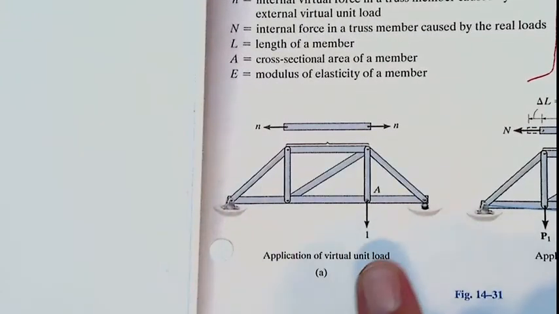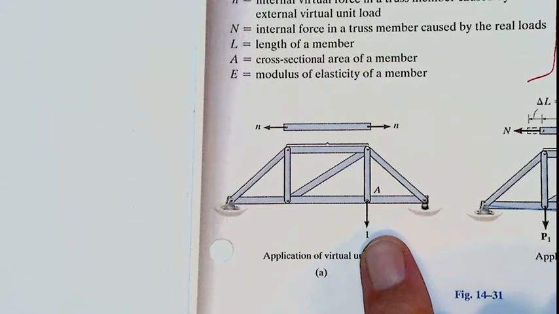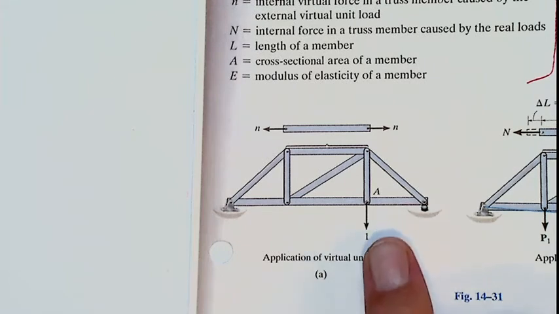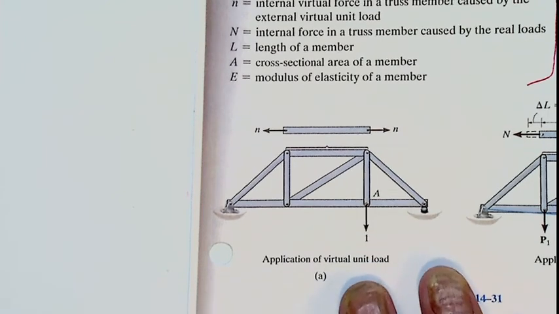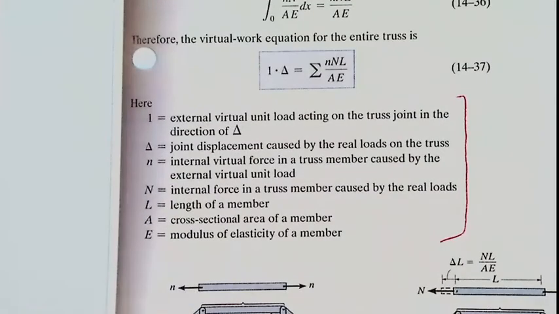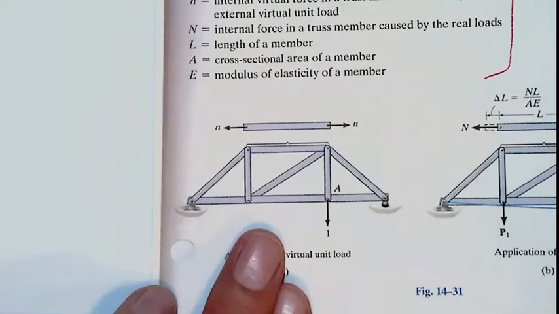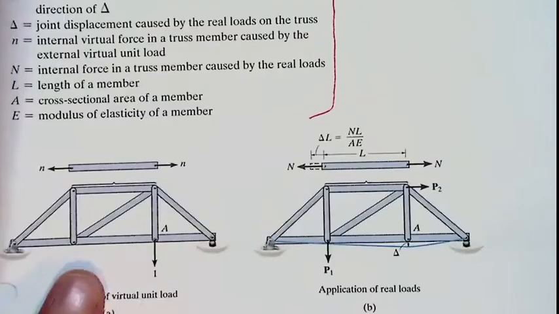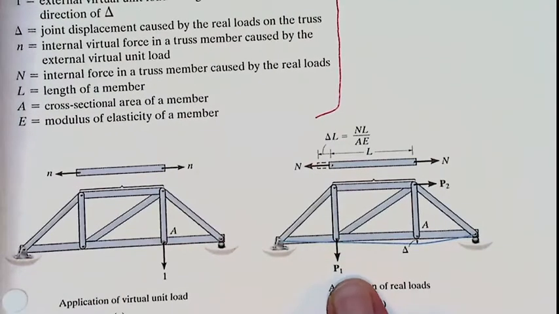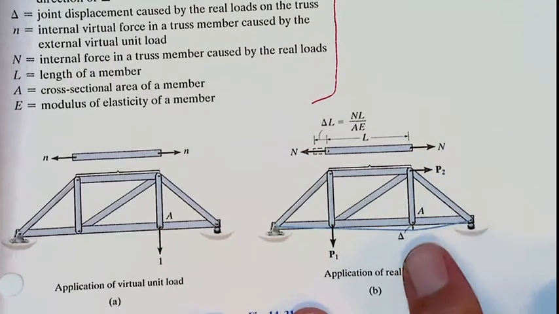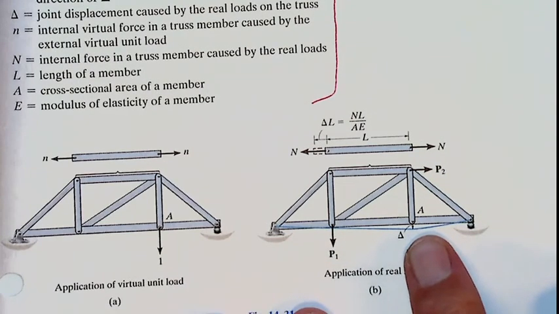Okay, so we applied this force 1. Okay, let us read the problem first. So that is a truss, okay? There are external loads P1 and P2. Now we want to find the displacement at point A, and there is no load applied here.